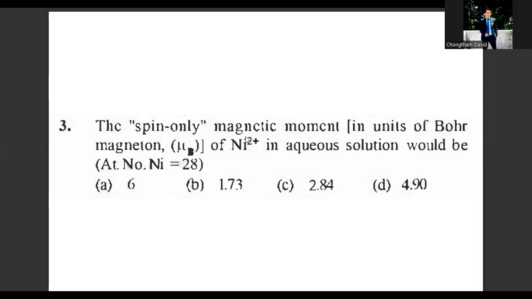The spin only magnetic moment of nickel 2 plus in aqueous solution would be. Now the number of unpaired electrons in nickel 2 plus equals 2. Water is a weak ligand, hence no pairing will take place, and the spin magnetic moment can be calculated from the formula mu equals root over n into n plus 2.